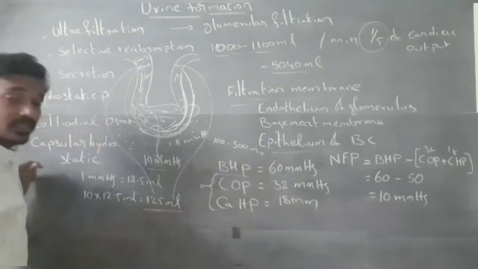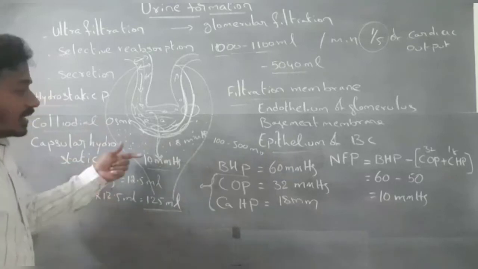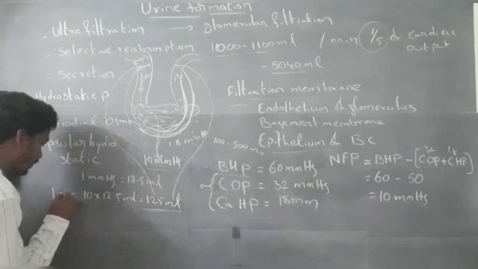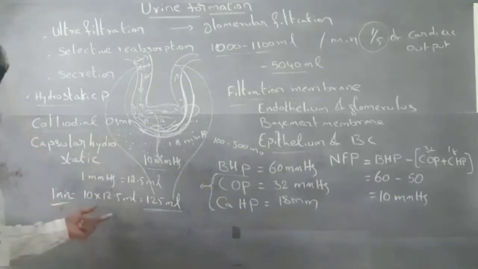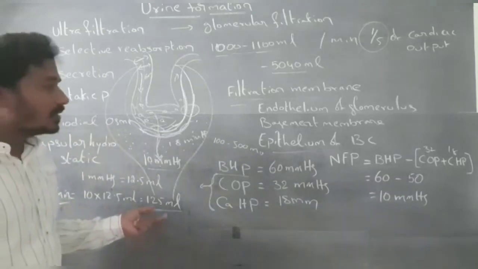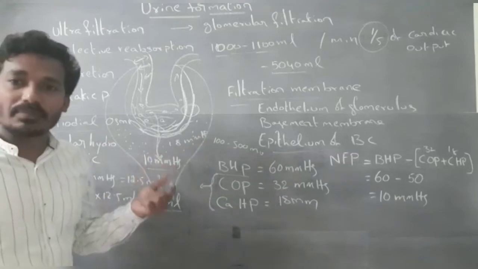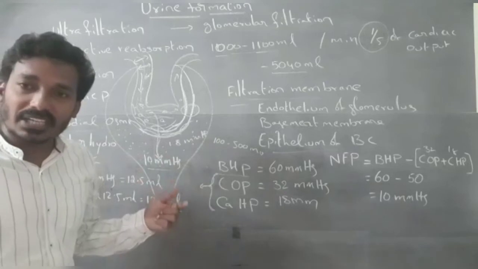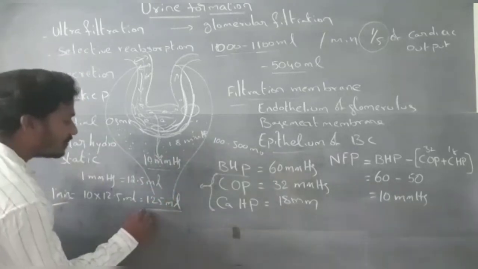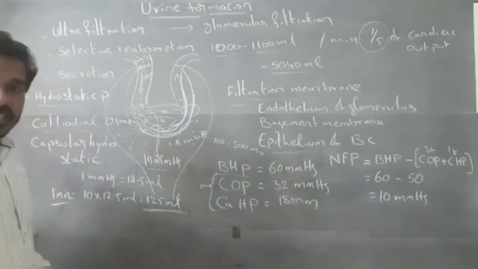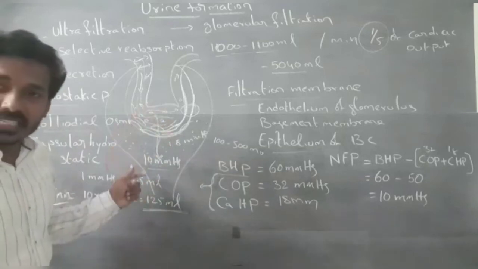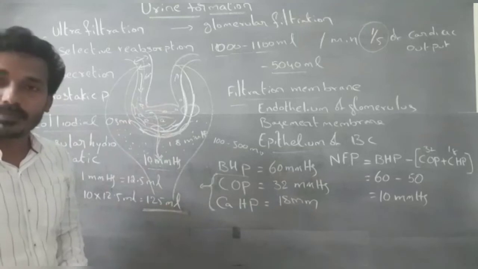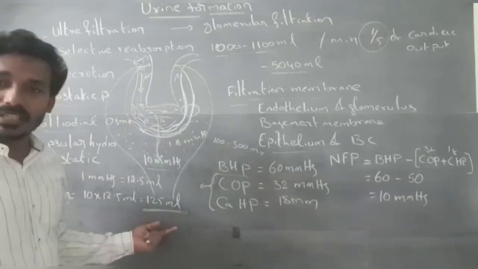The filtration of blood per minute is called the filtration rate. Both kidneys filter 125 ml per minute.